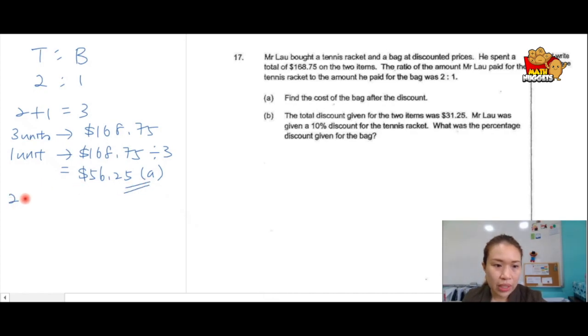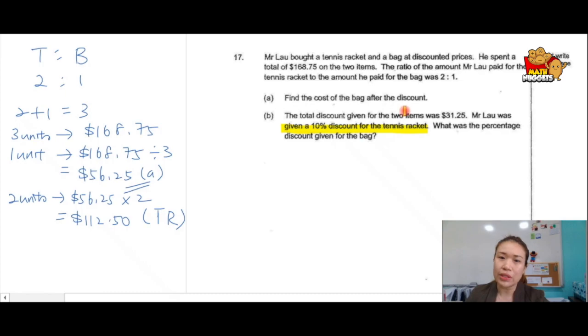Now, in order to do part B, we need to find out the price he paid for the tennis racket, which is $56.25 times 2. So he paid $112.50 for the tennis racket. This is the discounted price. Now the question tells us that he was given a 10% discount for the tennis racket. If he was given a 10% discount, it means he paid 90%. The original price would be 100%.